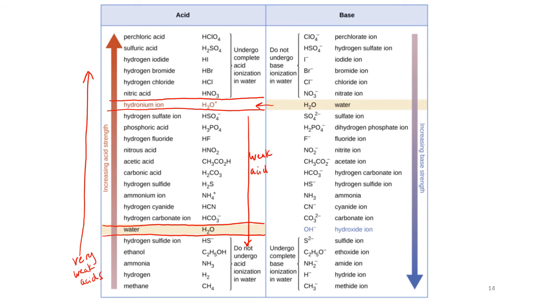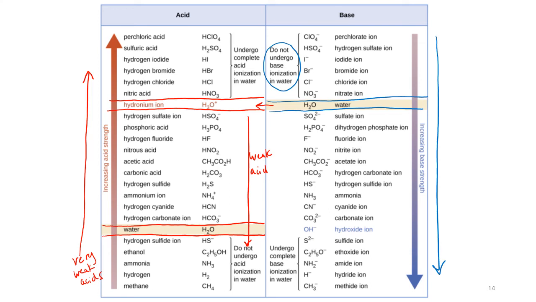On the right-hand side of this chart now, we have our bases. And the bases are the opposite trend as the acids. As we go from top to bottom in this case, the bases are getting stronger. So the weakest bases are at the top. In this case, if we look at water as a benchmark, these bases that are above water are weaker than water as bases, and they do not undergo ionization in water.